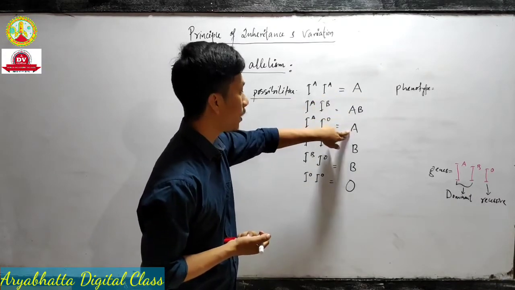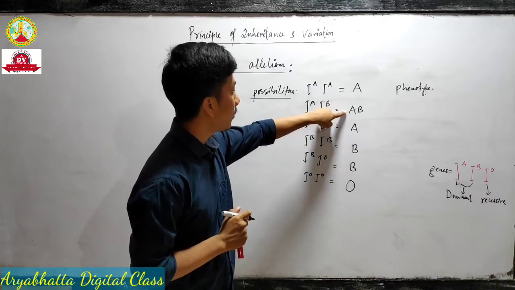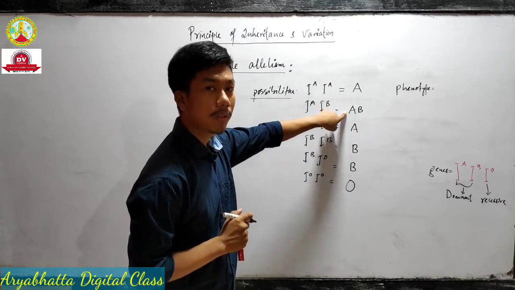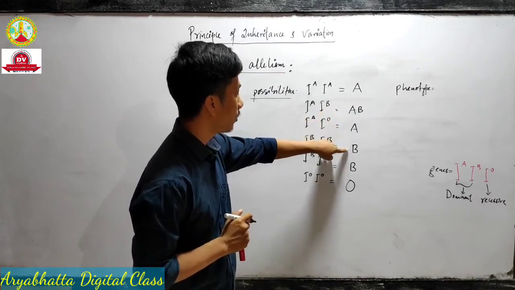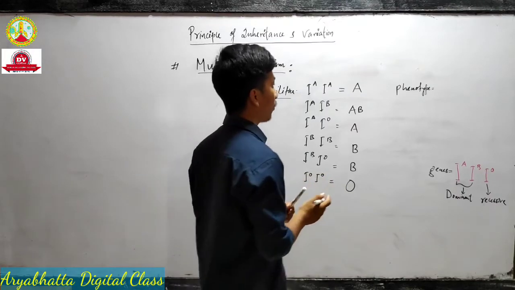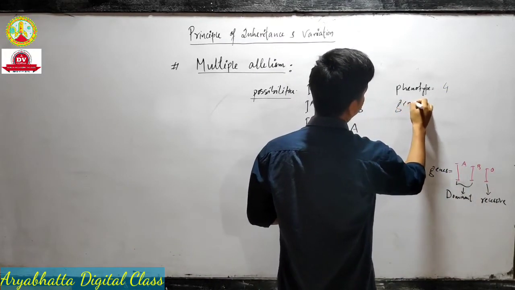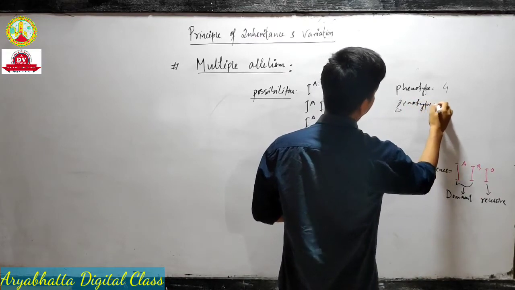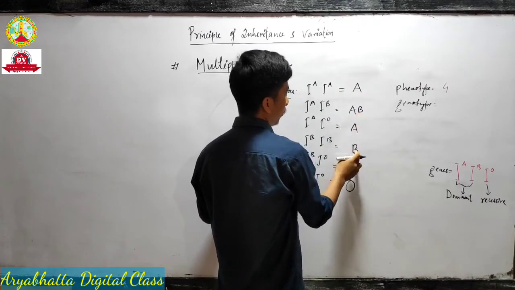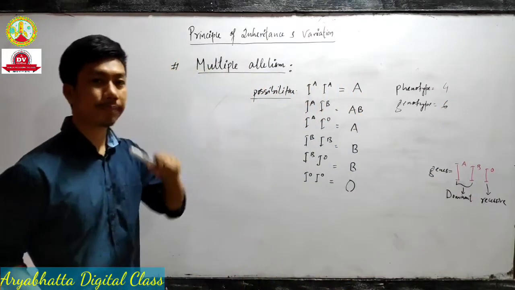See, capital A and capital A are the same. So 1, capital A. 2, capital AB. 3, capital B. And O is 4. So we have 4 phenotypes. Genotype: there are in total 1, 2, 3, 4, 5 and 6. So we find 6 genotypes.